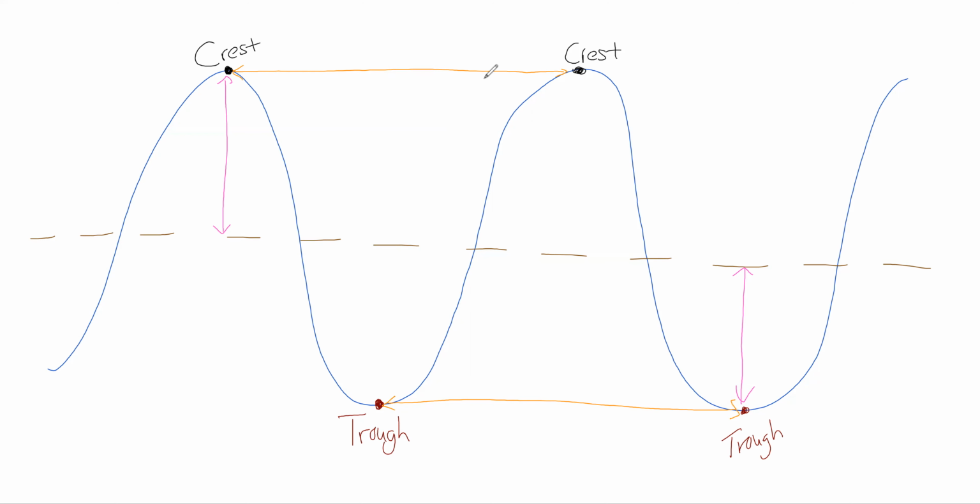Anybody? The length of the wave is just called the wavelength. So that goes from crest to crest or from trough to trough.